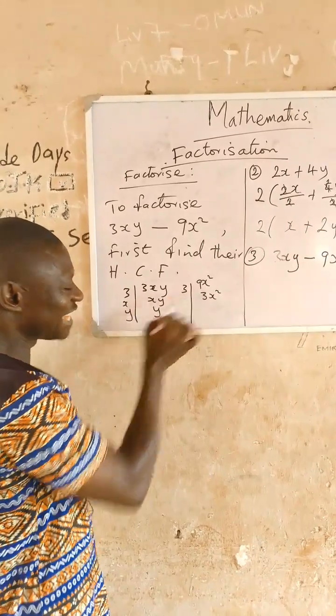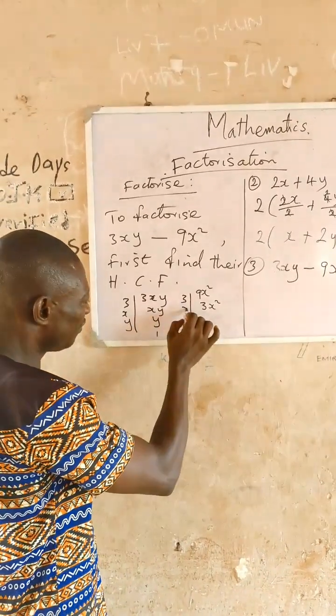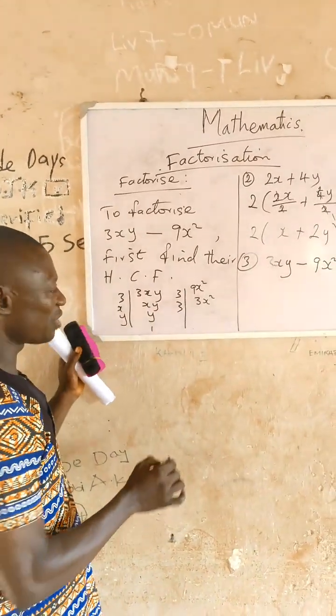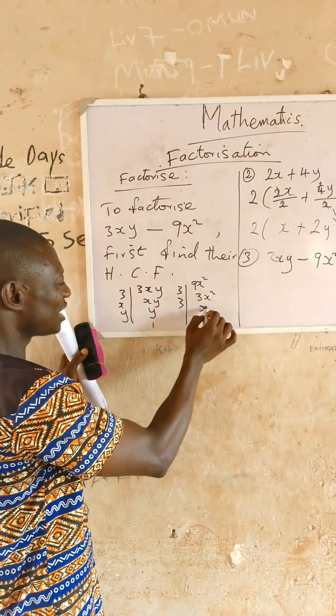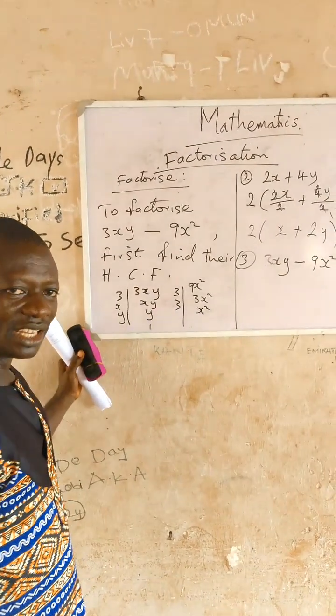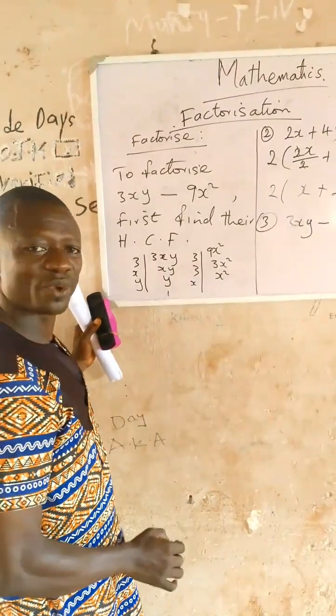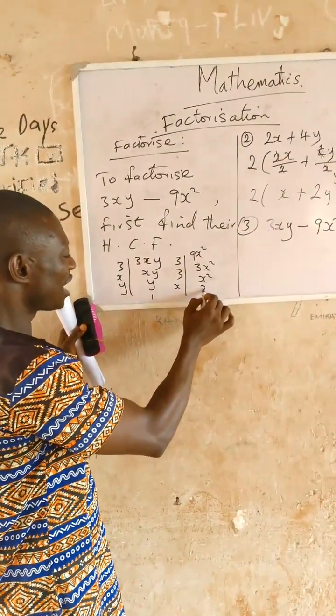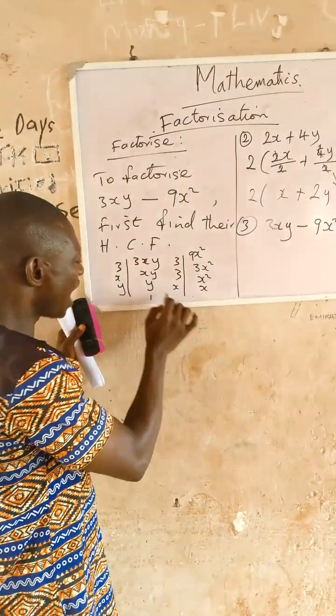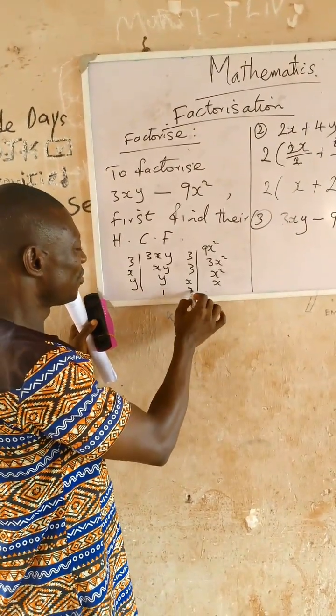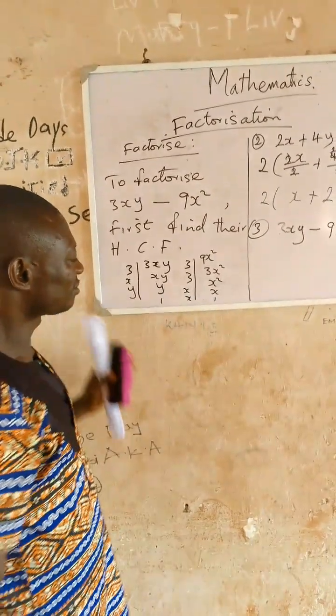We have only divided 9. 3 divided into 3x squared will give us x squared. Then we can use x to divide. X divided into x squared will give us x. X divided into x will give us 1.